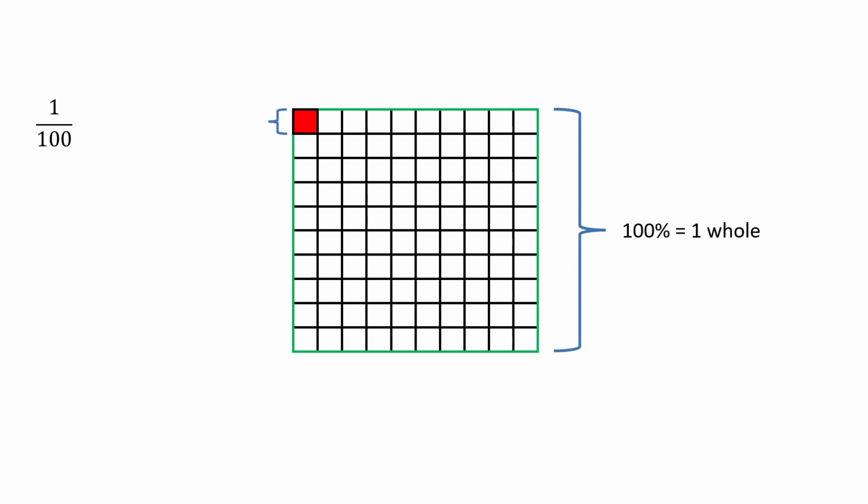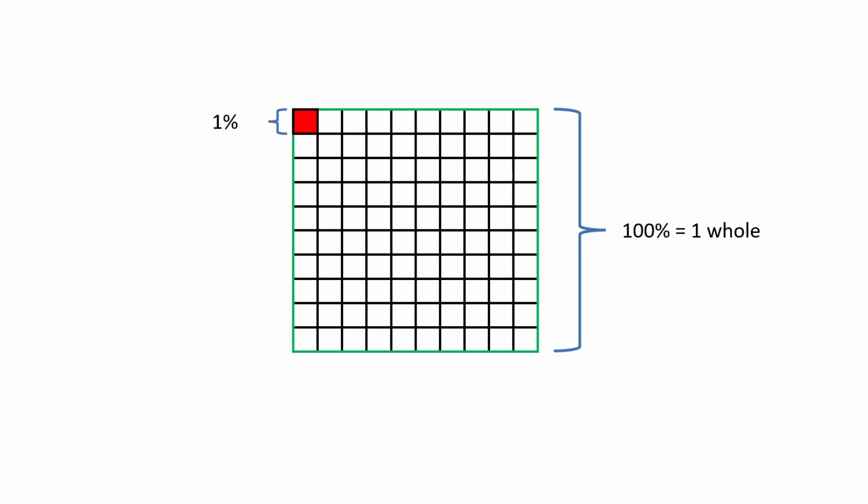So if 1 square is equal to 1/100th of the whole, then each square is equal to 1 divided by 100, and that equals 0.01. This is important for us. Look at that number, guys. 0.01 means 1%.